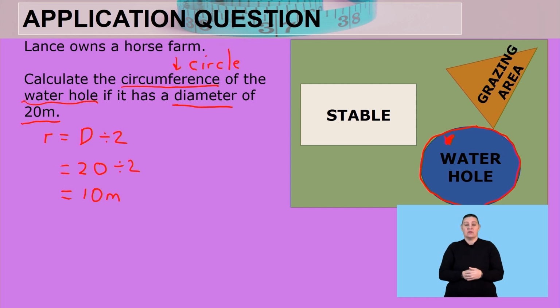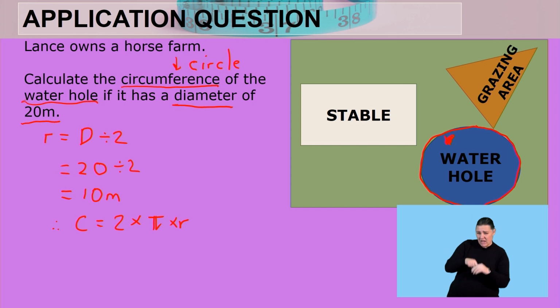Take the radius and substitute it into the formula. Our formula: circumference is 2 times pi times radius. Do I need to change the formula? Do I need to divide by 2 or divide by 4, something like that? Not necessary here because we've got a full circle.